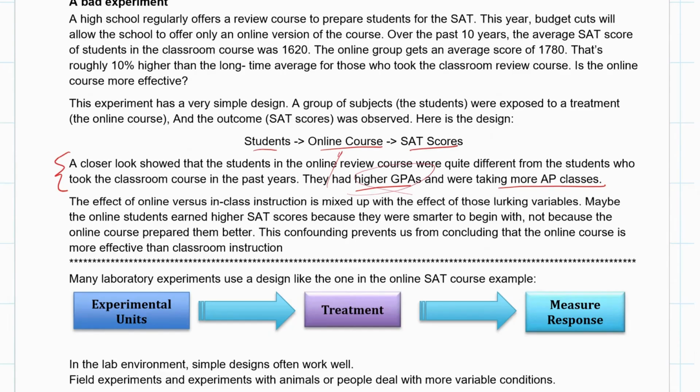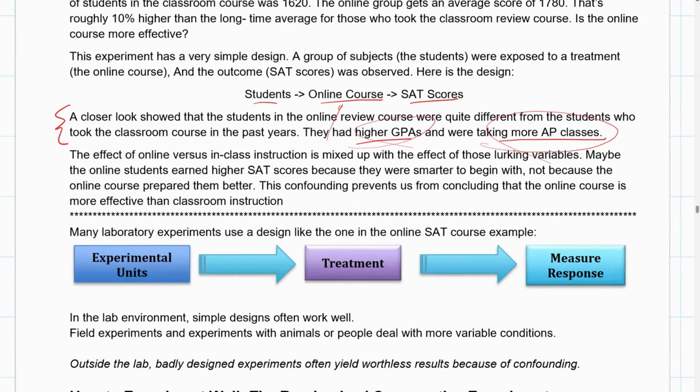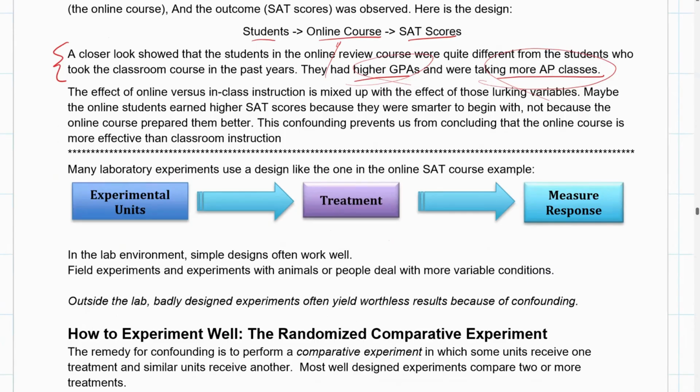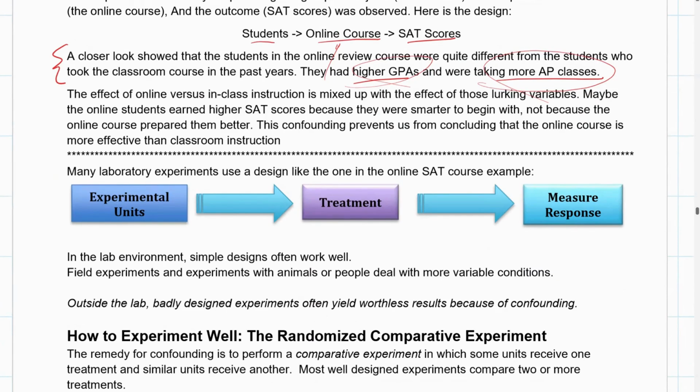Was it because they were smarter to begin with? The class interacted well with the AP situation? We don't know which thing is causing the effect. So while this is an experimental design, it's not a good experimental design because we didn't control for these lurking variables and for this confounding. So we want to design a good experiment so that we can control for confounding and lurking variables.